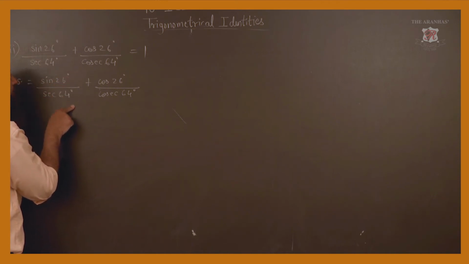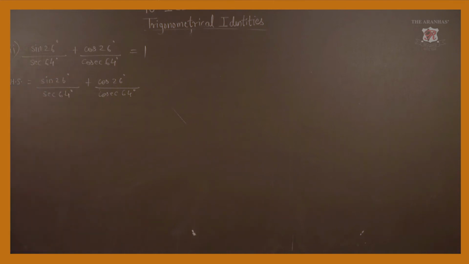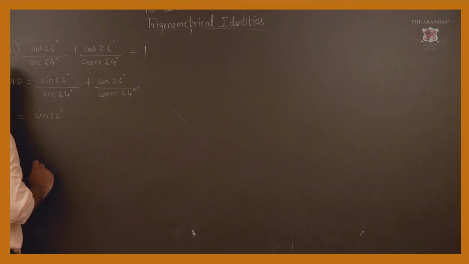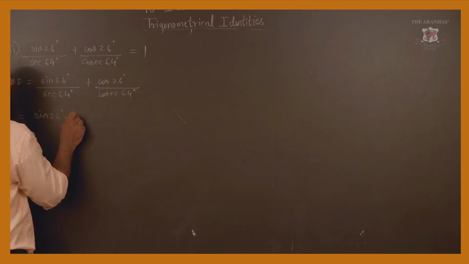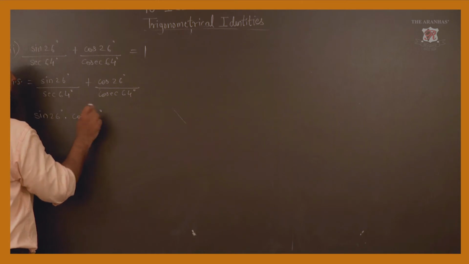Now what I suggest here is, can I write sec of 64 as cos of 64 degree in the numerator? Yes, because reciprocal of sec theta is cos theta. So sin 26 degree and 1 upon sec 64 will become cos 64.